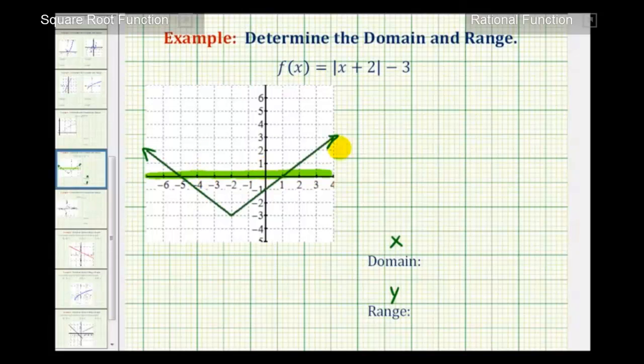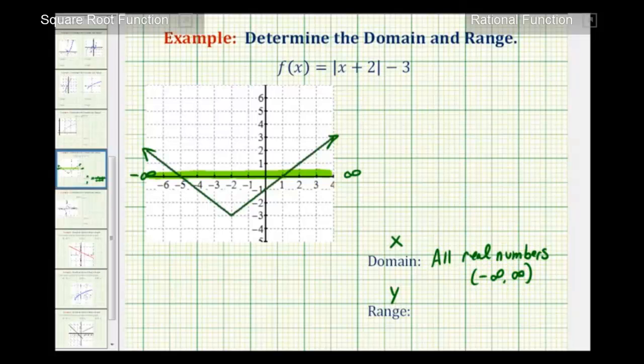So the domain approaches positive infinity to the right and negative infinity to the left. Therefore, the domain of this function would be all real numbers. Or if we wanted to use interval notation, we could use the interval from negative infinity to positive infinity.